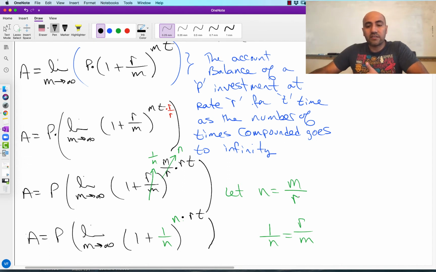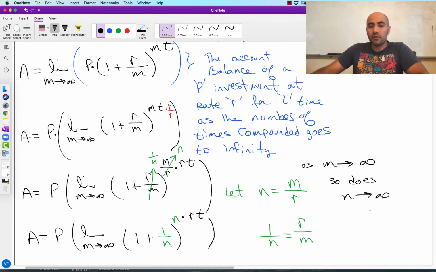So as m gets infinitely large, we have a number growing out to positive infinity divided by some constant. Well, that's still going to infinity. So as m goes to infinity, so does n, just because of the way I created this relationship.